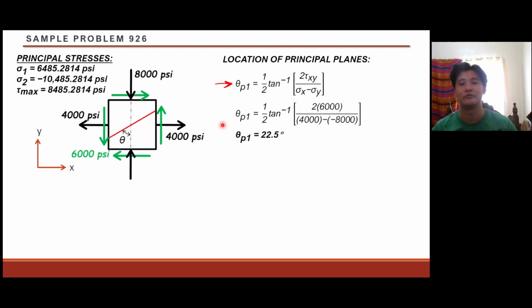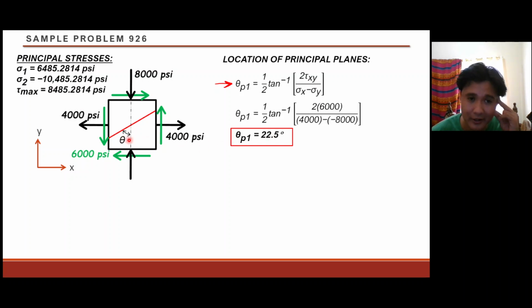So we have yung theta natin or yung location ng principal plane natin or yung major principal stress natin, that would be 22.5 degrees. So yan yung plane kung saan magkakaroon tayo ng maximum ng major principal stresses. So yung rotation na yan, basing dun sa analysis natin kanina, would be this inclination right here.